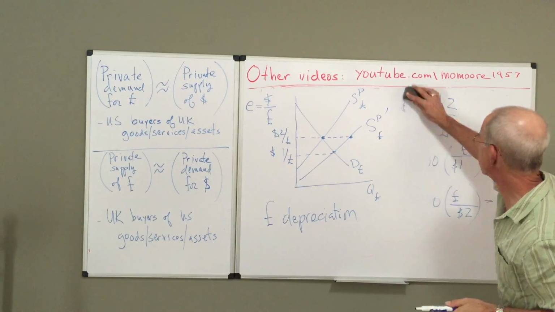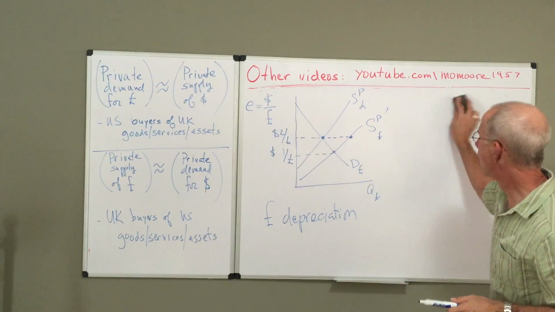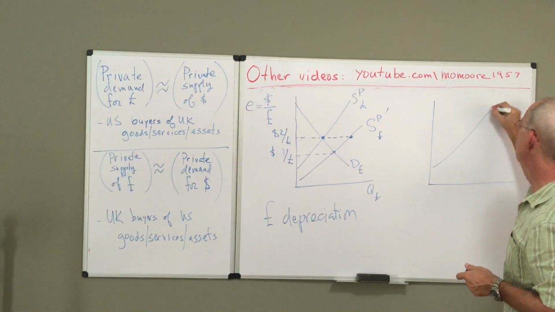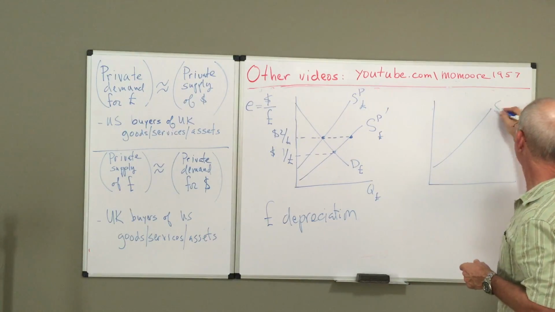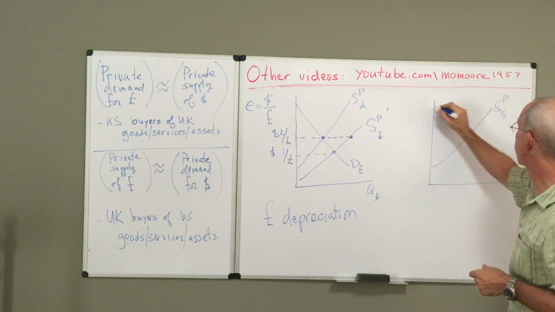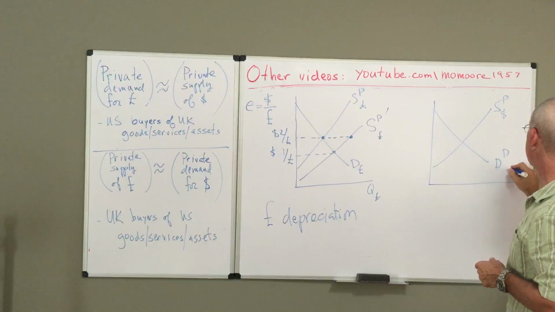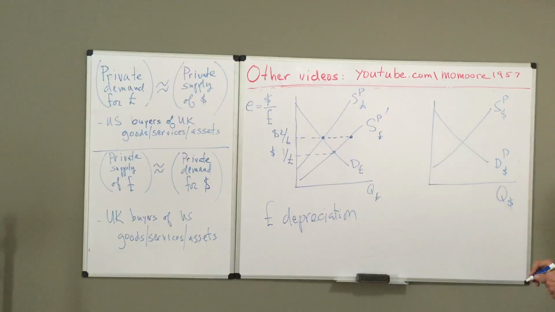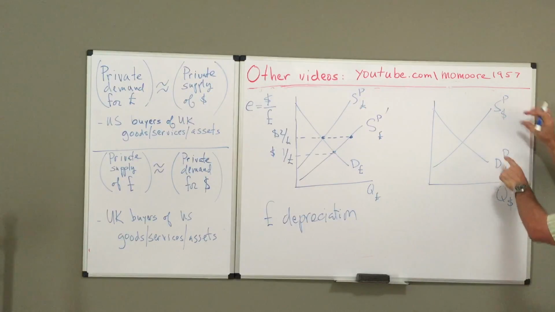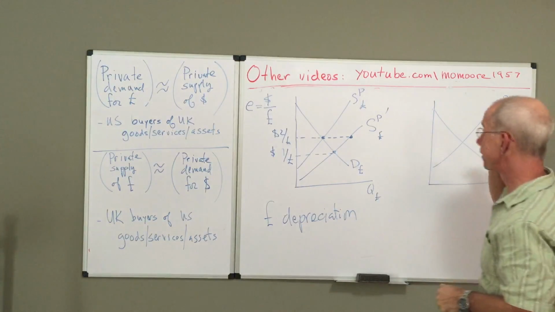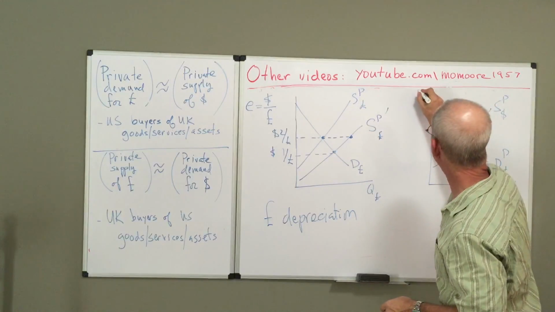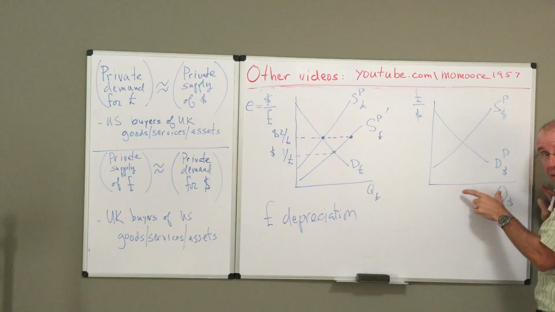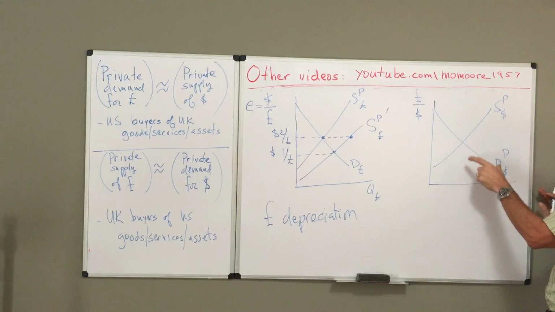And actually, I should probably just finish up by looking at the reverse, just to be clear about this. Now, I'm generally going to look at this from the standpoint of the pound, but if we had the supply and demand for dollars, then we're going to have pounds over dollars in this depiction.